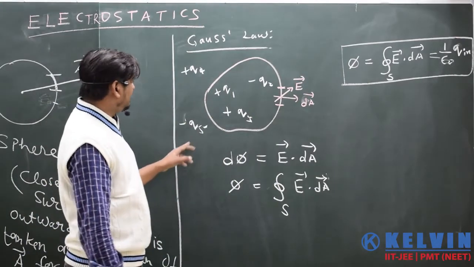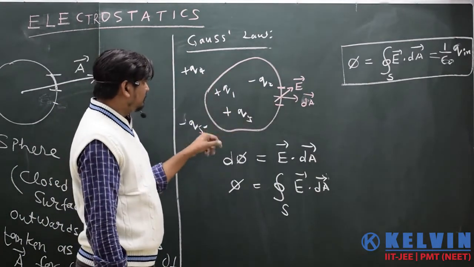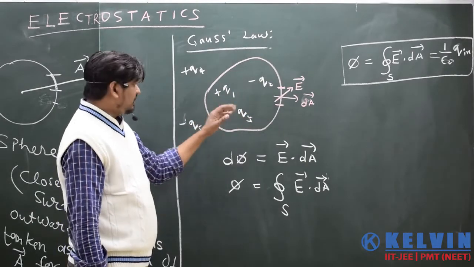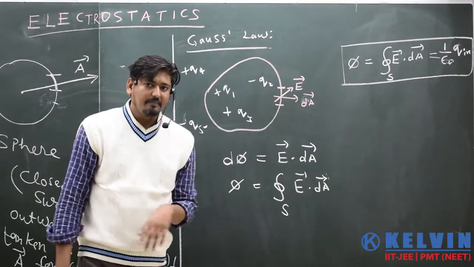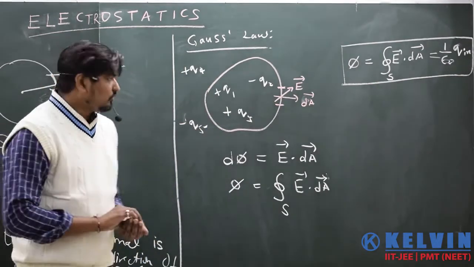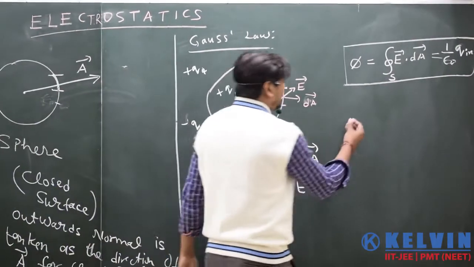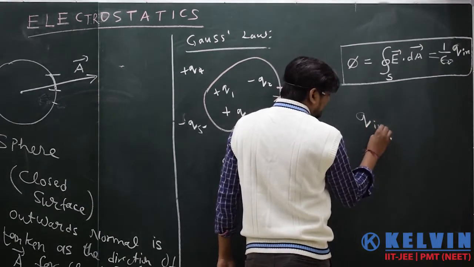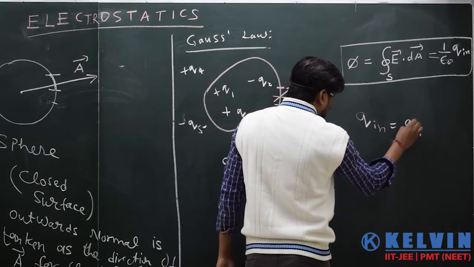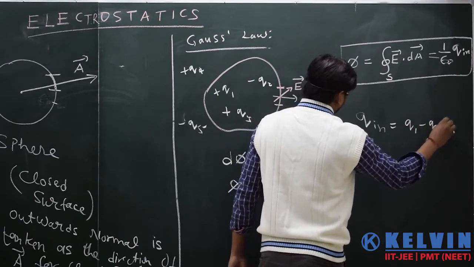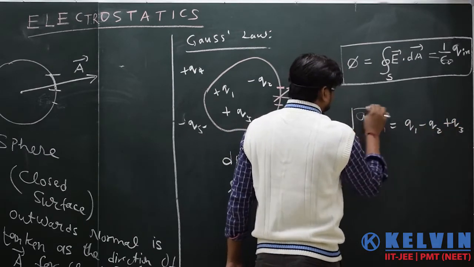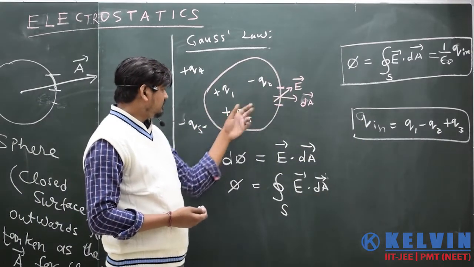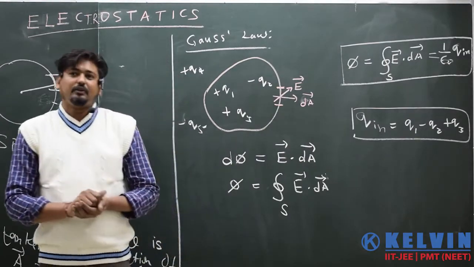You can understand that Q1 is inside the surface, minus Q2 is inside, Q3 is inside, but Q4 and Q5 are outside of the surface. So for this particular figure, we can write Q inside as Q1 minus Q2 plus Q3. Getting the point?